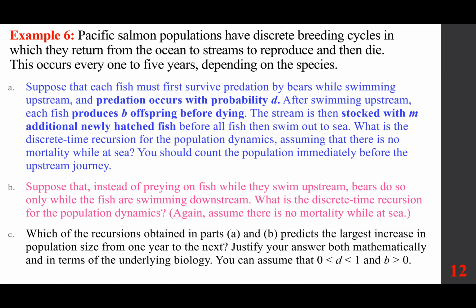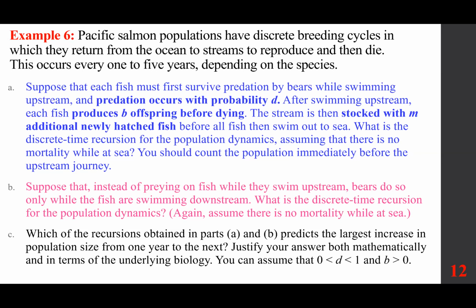Perfect. We do have a different scenario in part B, and then we want to compare it. So let's go over part A, and then we compare and contrast with part B to understand the concept.